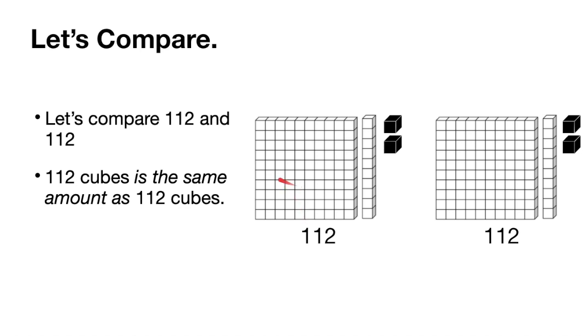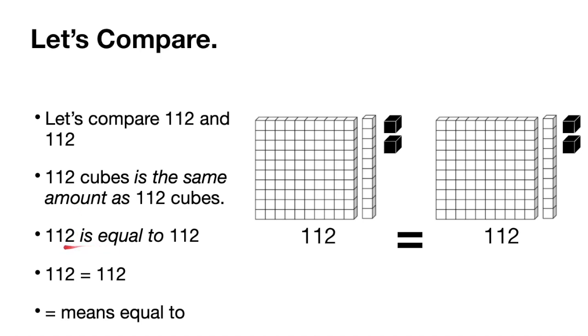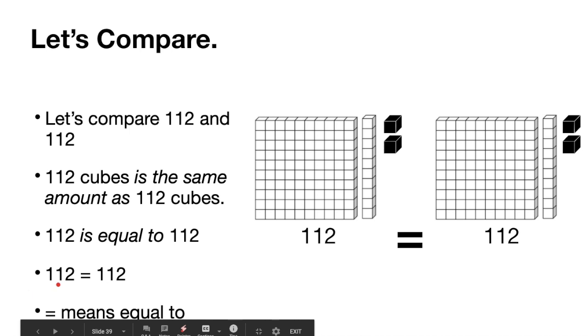So we have 1 hundred, 1 ten, and 2 ones. Again, 1 hundred, 1 ten, and 2 ones. So they're the same amount, which means they are equal. So 112 is equal to 112. 112 equals 112. This means equal to.